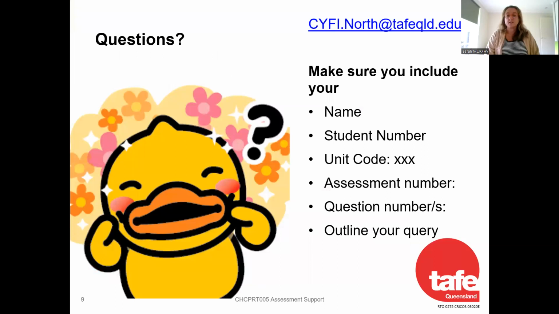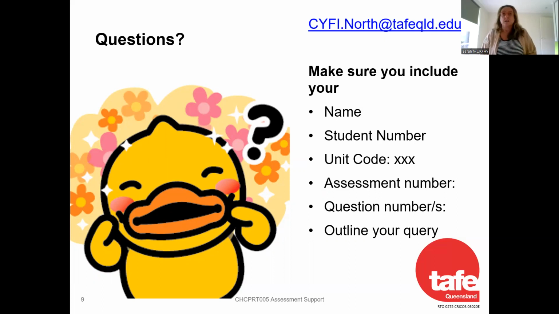Okay, so as mentioned before, please reach out for support or any questions to the Sci-Fi email, which is sci-fi.north@tafe.queensland.edu.au. Please make sure you include your name, student number, unit code, assessment number, the question or question numbers, and outline your query. It's also really important that you ensure the subject line reflects the content of the email.